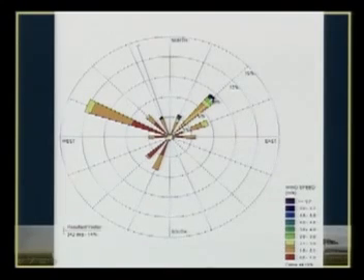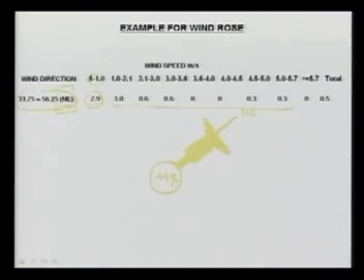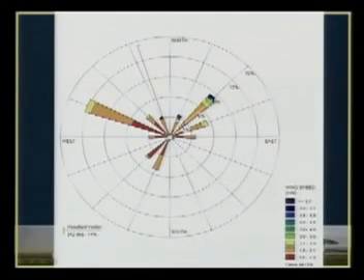The computer plot will look like this. Similarly I can plot, along all the wind directions, what has been the percentage of the wind speed, and then we provide a legend here. You can see what wind speed. We also provide information on the calm conditions.